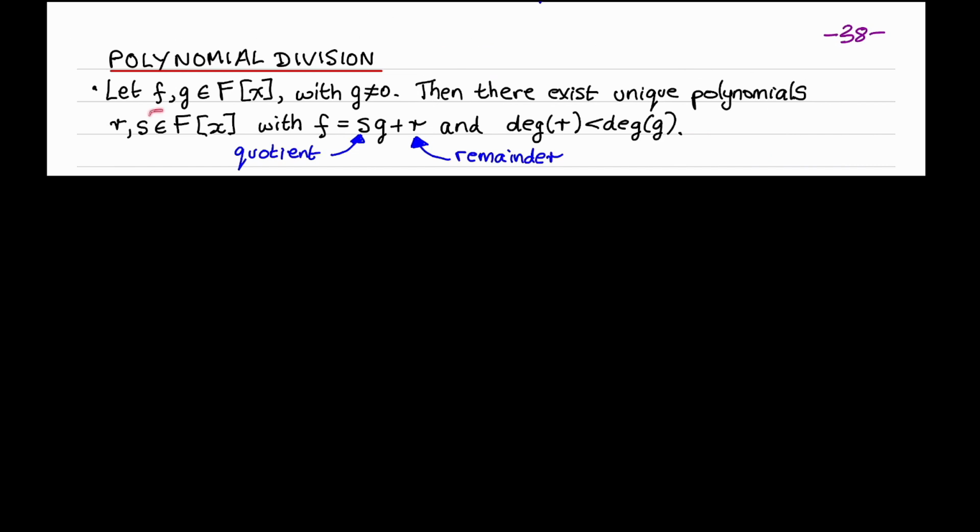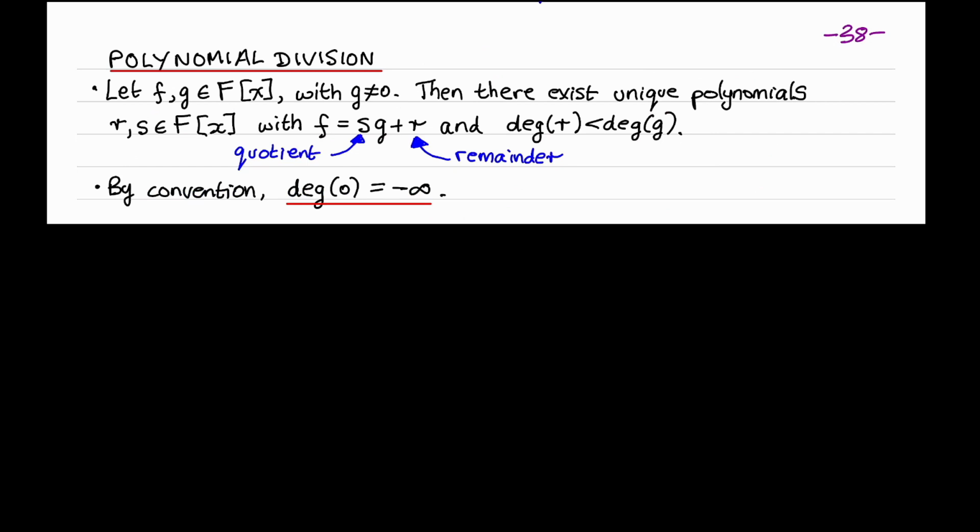So let f and g be polynomials over the field F, where g is non-zero. Then, by long division, we know that there exist unique polynomials r and s, also with coefficients in F, such that f equals sg plus r, where the degree of r is less than the degree of the divisor g. Here, s is the quotient of the division and r is the remainder.